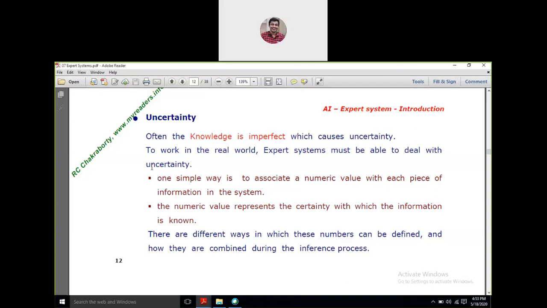So, inclusion of numeric values in the chain of values that we are acquiring. That means in the process of knowledge acquisition, if we are putting small pieces of numeric values to make the information more filtered, more proper, more oriented, then this uncertainty part can be taken care of to a greater extent, right?